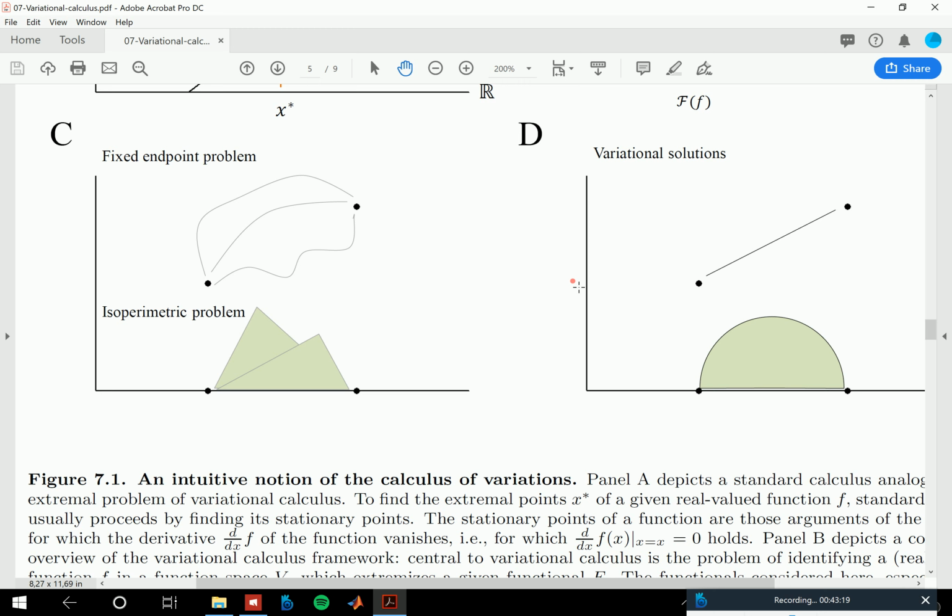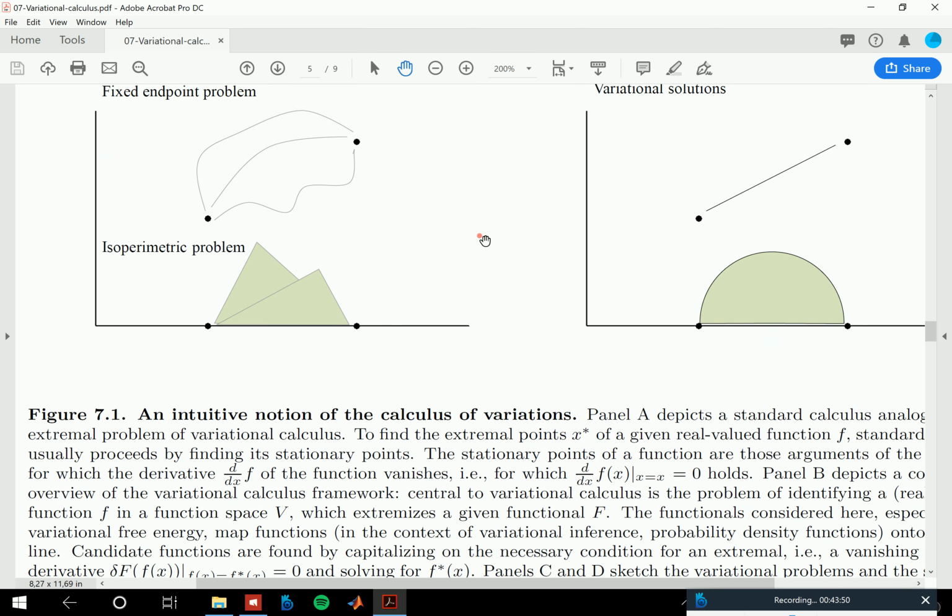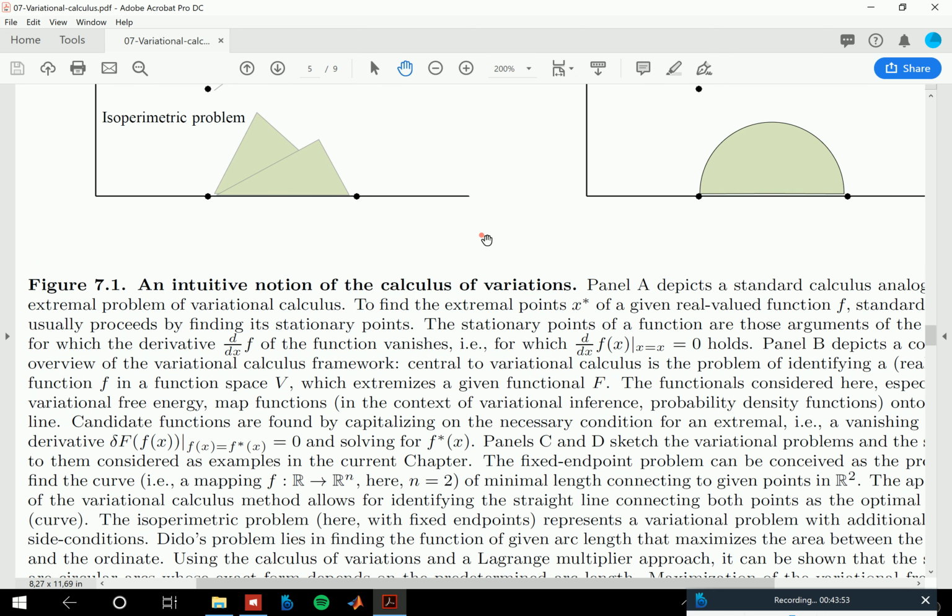A probability density function integrates to 1, and this refers to what is known as the isoperimetric problem. This means that the function that is allowed to maximize or minimize, in our case maximize the variational free energy, has a constraint, namely that it integrates to 1, and this is called isoperimetric.